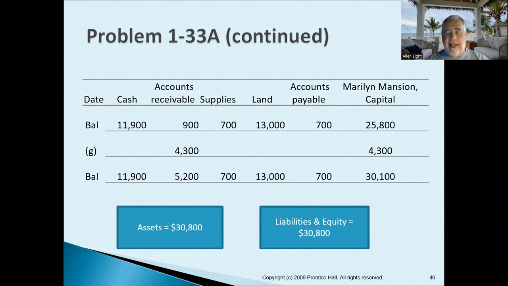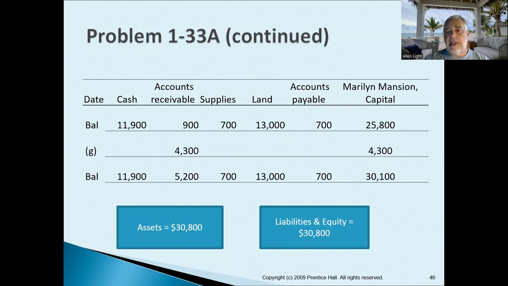Now, here's the interesting thing, okay? Even though we haven't received the actual cash, we still have to recognize it as revenue. Revenue has to be recognized in the period in which it is earned. We earned it when we gave the service out. So at that point in time, we have to recognize the revenue. That is a major accounting principle right there.